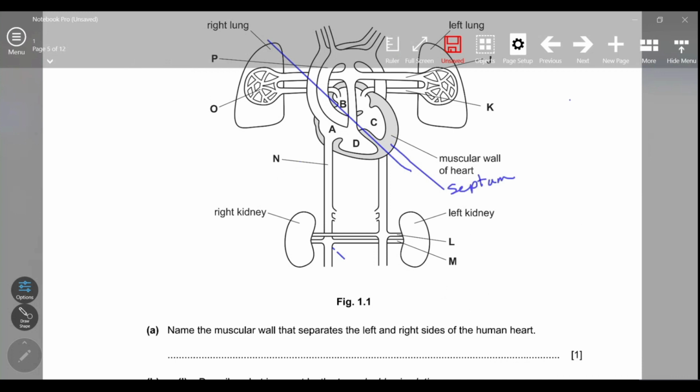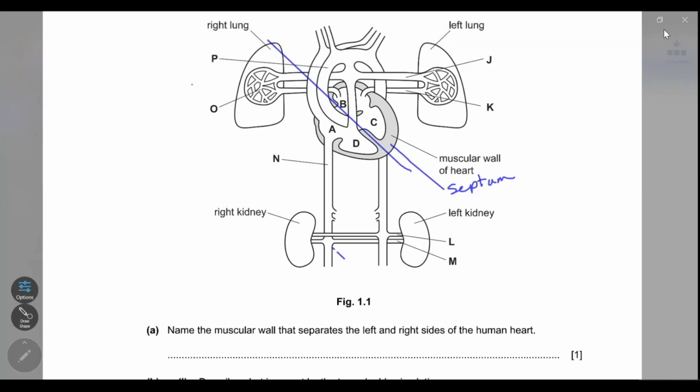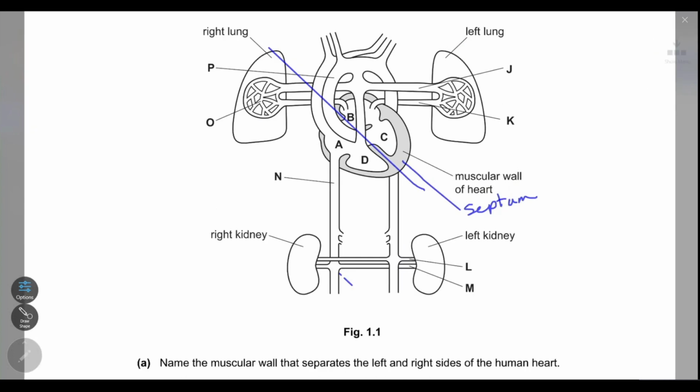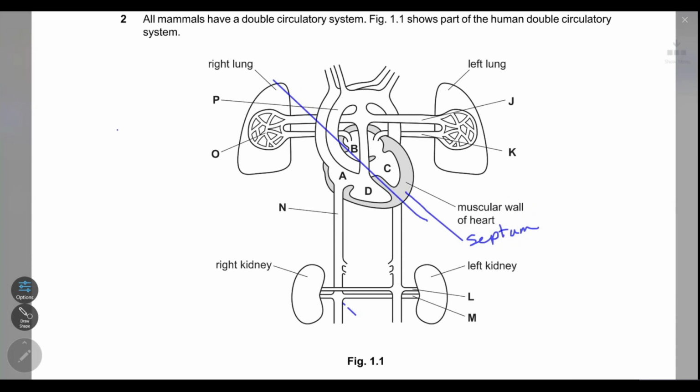And it divides the heart into two sides, as we mentioned in the last practice questions: here we have the right side and on the other hand the left side.